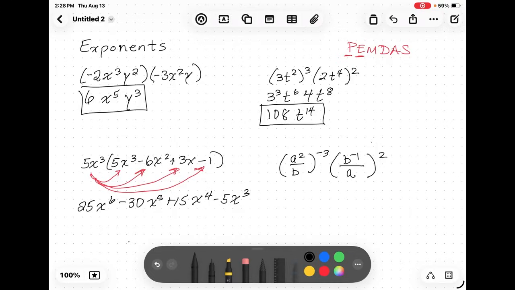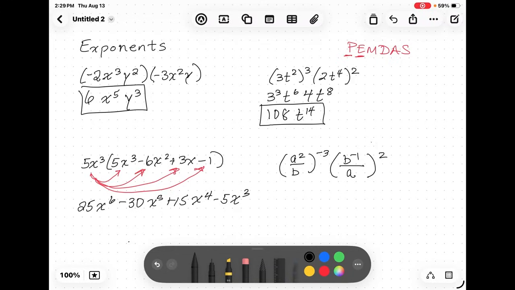And finally, this last one over here, we've got some negative exponents. And we've got to work the PEMDAS here. Parentheses and exponents before I do any multiplication. There are a couple of ways we could proceed here.